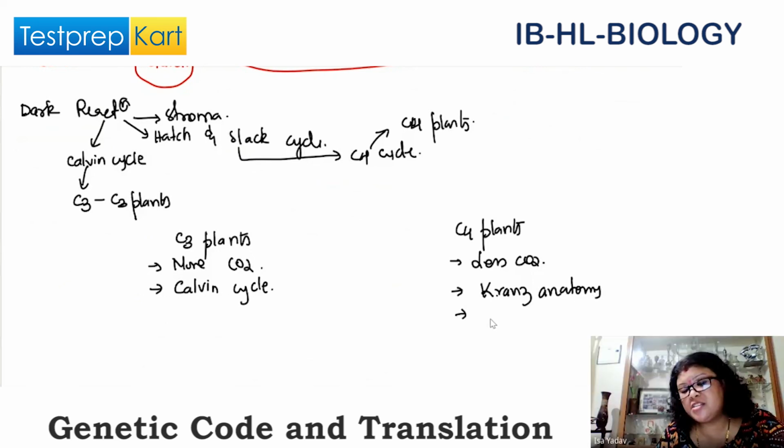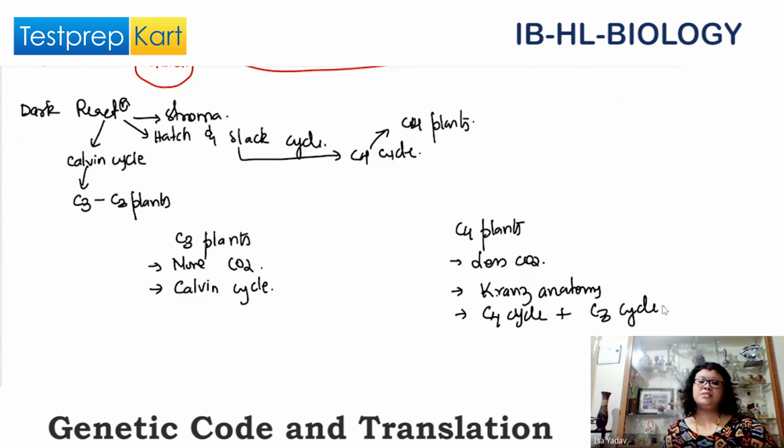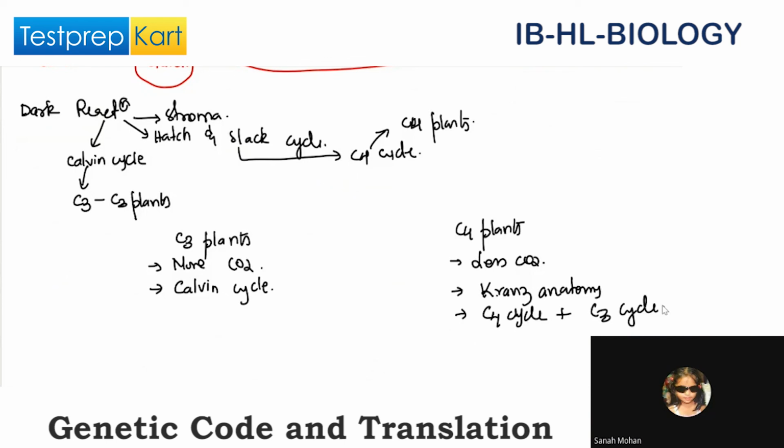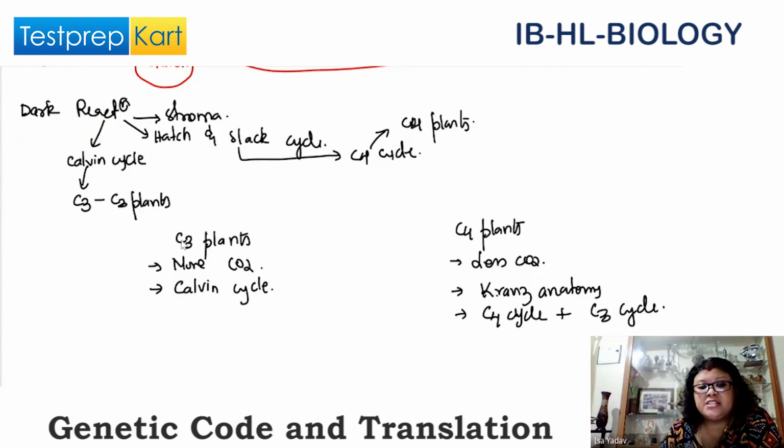And C4 plants will have the C4 cycle as well as the C3 cycle. Both cycles will be there. You understand? Why? Because it is the C3 cycle that helps in the production of starch.